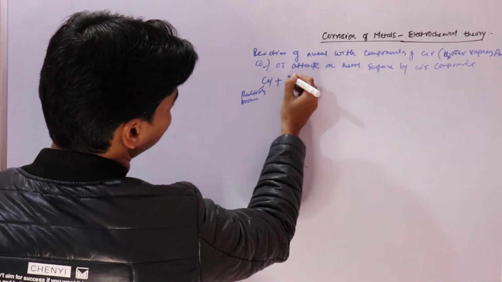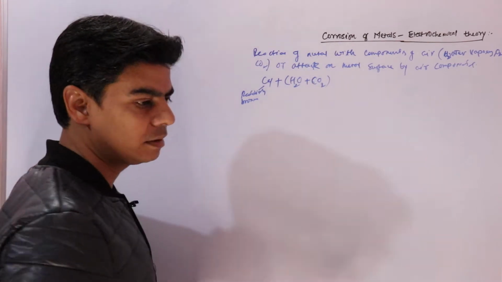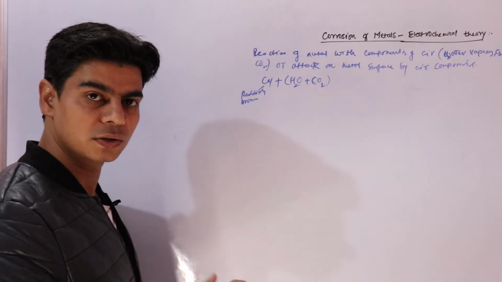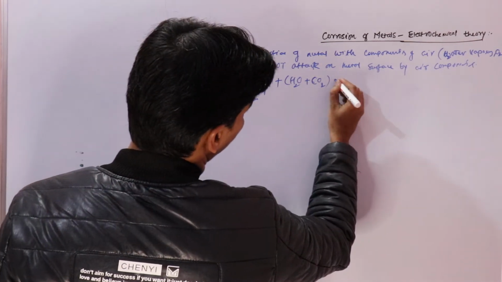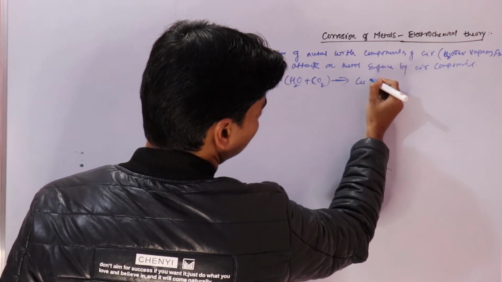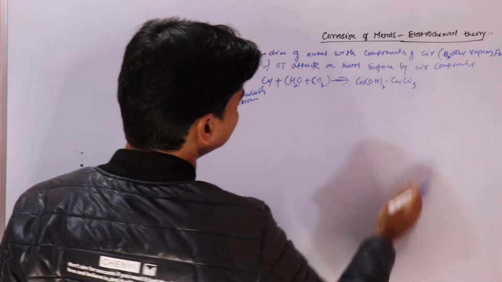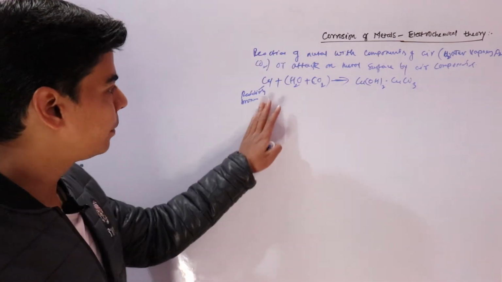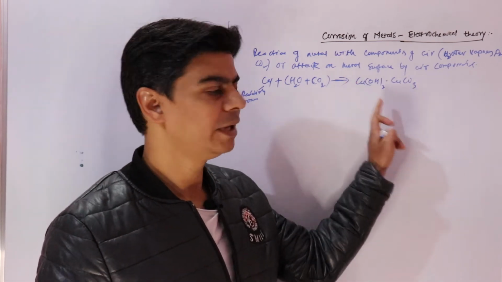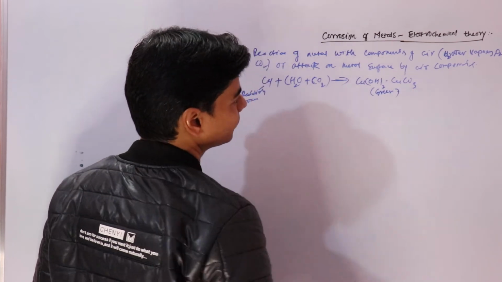So when copper is exposed to air, it will slowly start acquiring a green coating, or you see a green deposit on the surface of copper metal, which is due to basic copper carbonate, because copper reacts with water vapor and carbon dioxide to form basic copper carbonate, which is green in color, right?